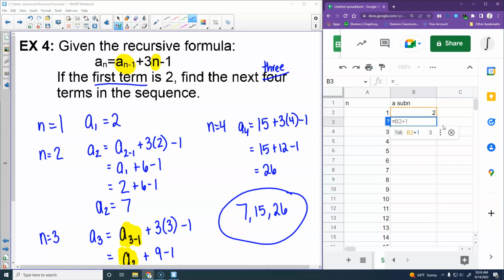You could do equals. You would have to do a sub n minus 1, which would be the one before it, plus 3 times, what would I click on to get n? I need to click on this one beside it. Oh, and it didn't work, did it? Let me call it A3. Oh, that's because I need a 3 times A3 minus 1.